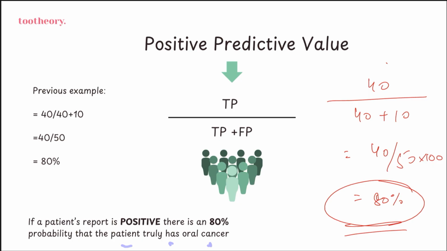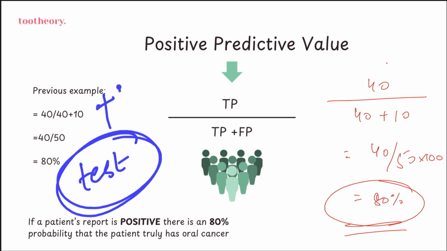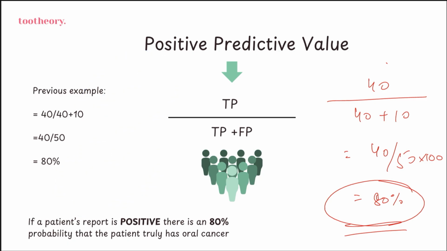So that means that in actuality, the positive report of the test is only 80% probably correct, right? And we have that 20% of doubt still.